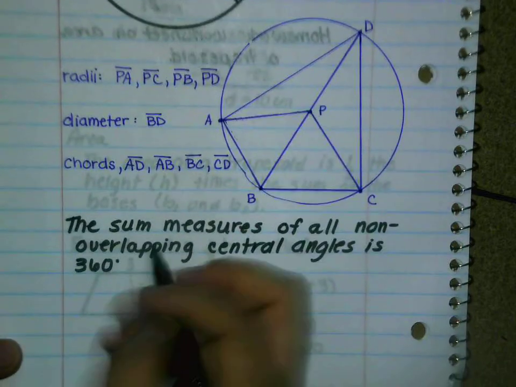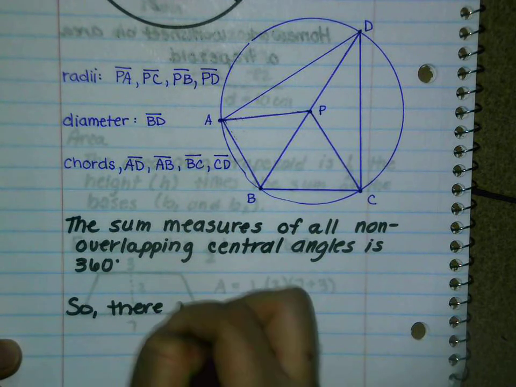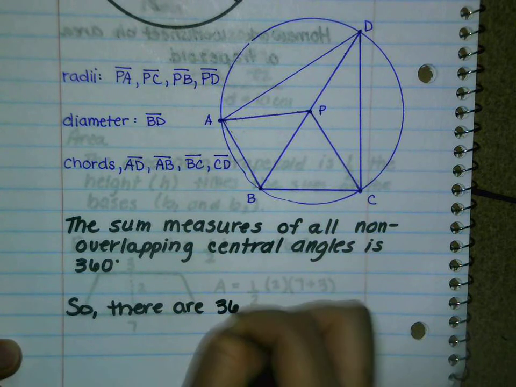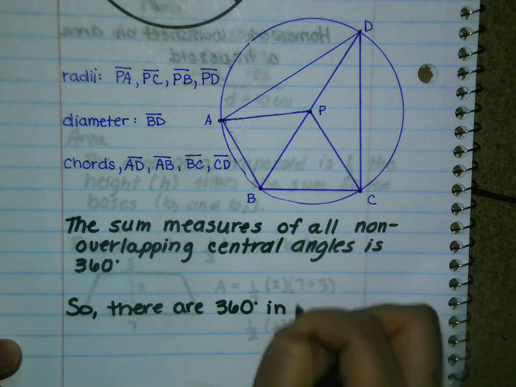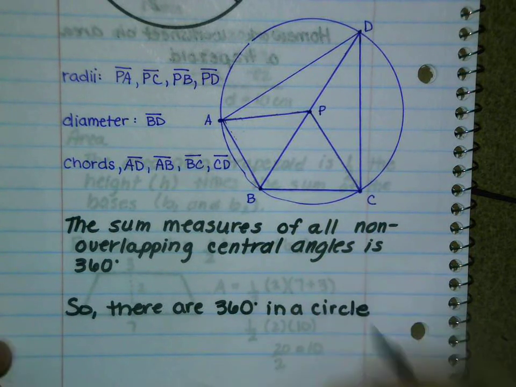Basically, there are 360 degrees in a circle. Just like in a triangle it's 180, in a circle it is 360 degrees.